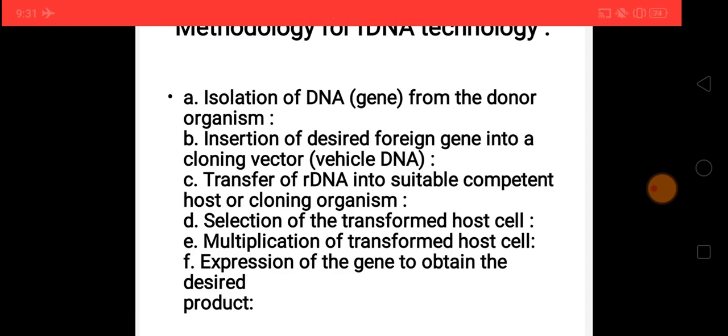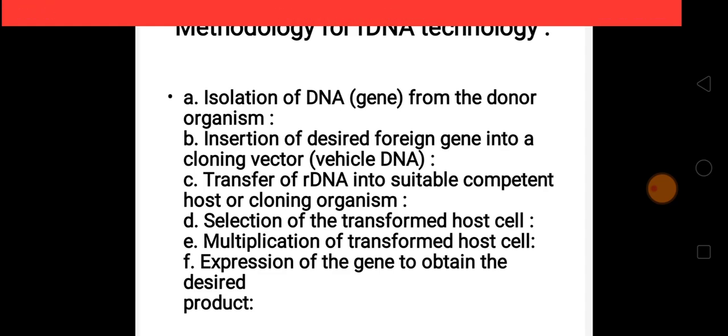It includes isolation of DNA from the donor organism, insertion of the desired foreign gene into a cloning vector, transfer of recombinant DNA into a suitable competent host or cloning organism, selection of the transformed host cell, multiplication of the transformed host cell, and the expression of the gene to obtain the desired product.